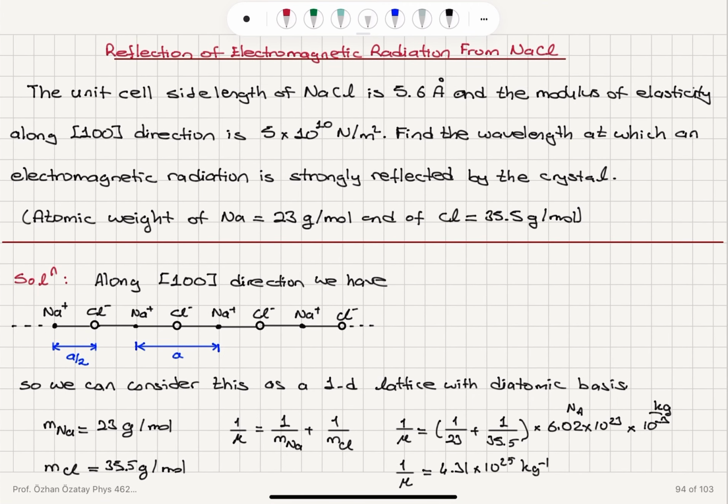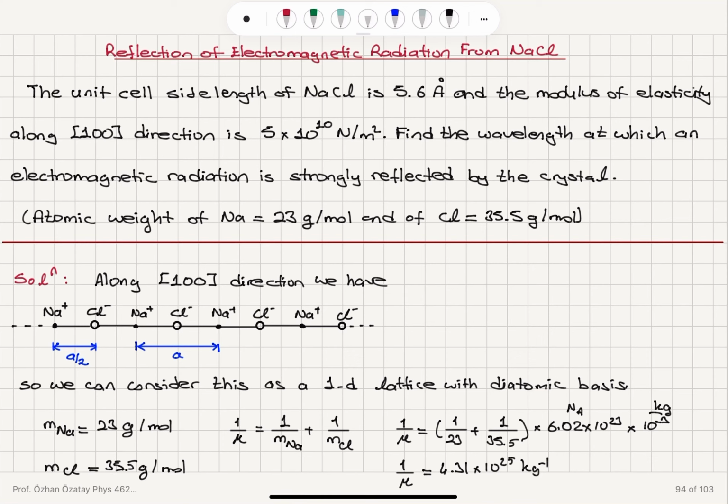So in summary, if we look at the sodium chloride crystal with a unit cell side length of 5.6 angstroms and a given modulus of elasticity along the 100 direction, 5 times 10 to 10 newtons per meter square, we can view this as a one-dimensional lattice with a diatomic basis.